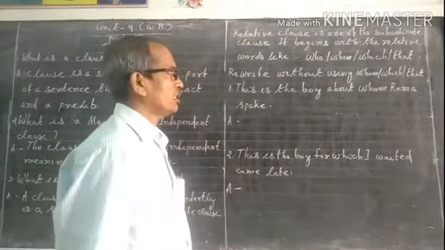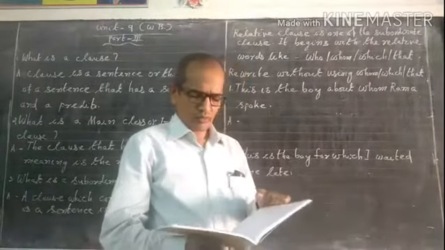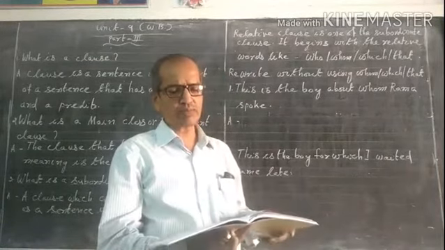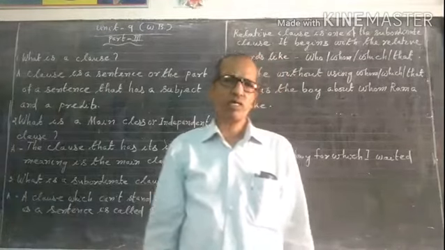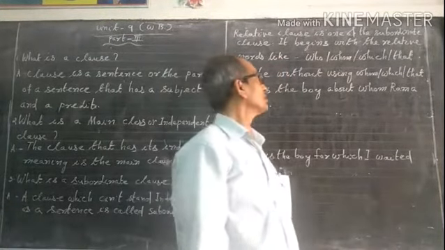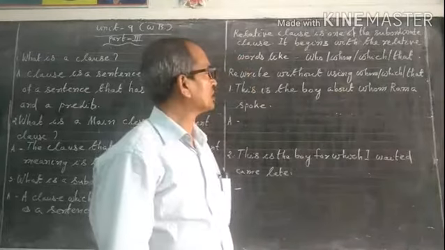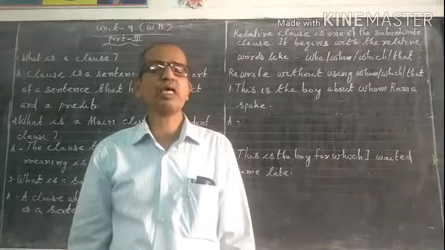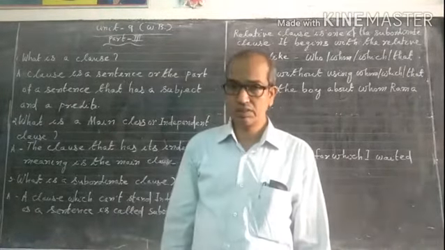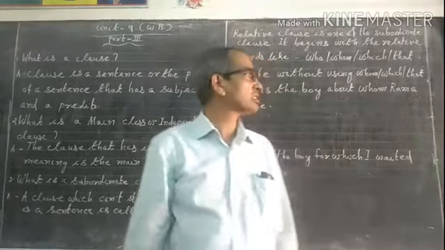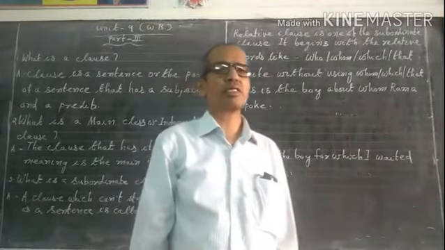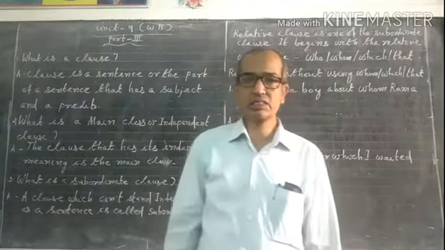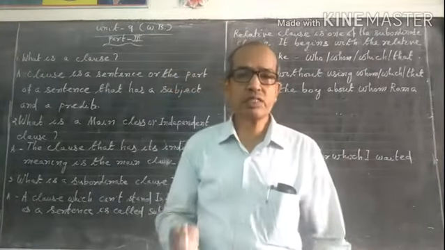So here, children, we have given 5 sentences of relative clauses. They begin with whom, which and that, and we have to remove them from the sentence and make them zero relative. When we drop the relative words from the sentence, it becomes a zero relative. In this case, we have to follow a certain rule.